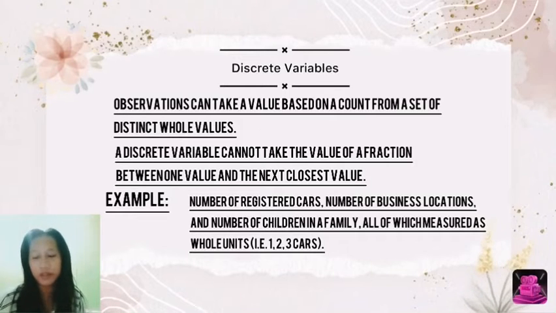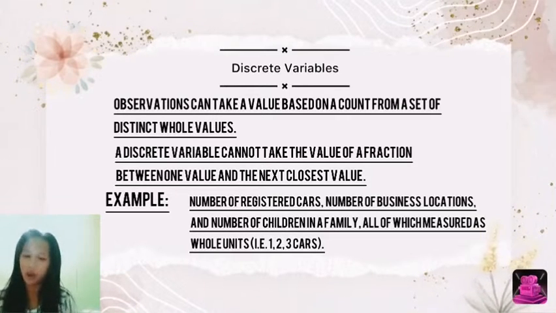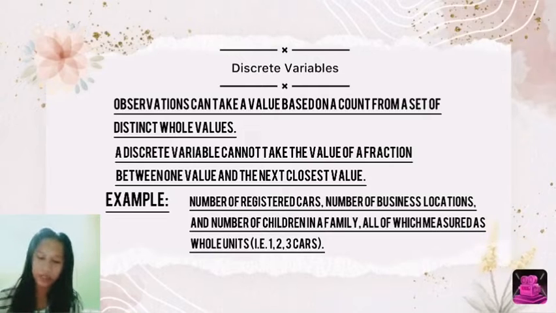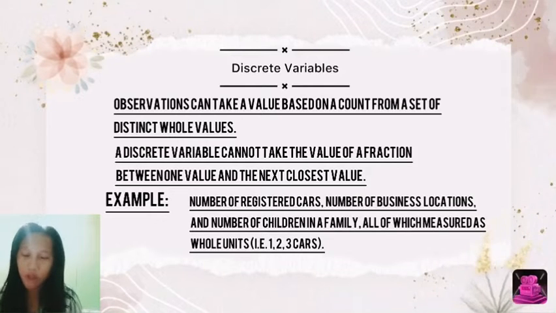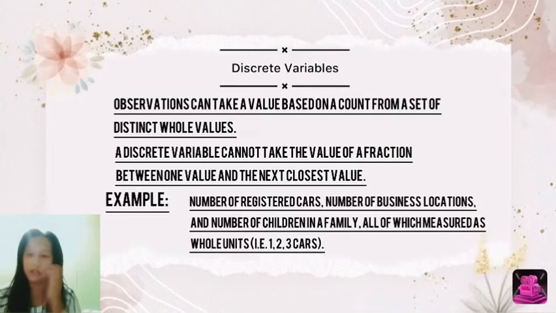So discrete variables can take a value based on a count from a set of distinct whole values. Take note that a discrete variable cannot take the value of a fraction between one value and the next closest value.